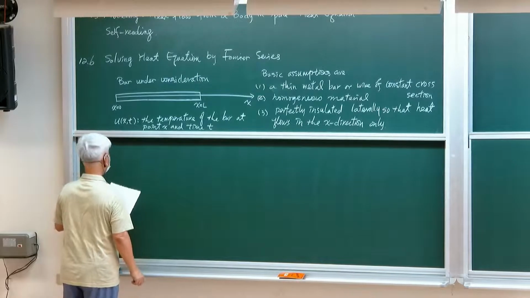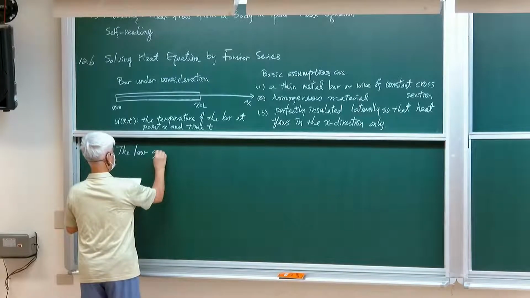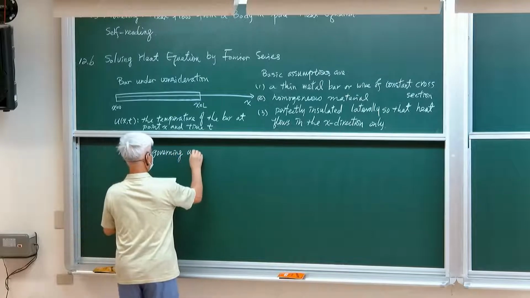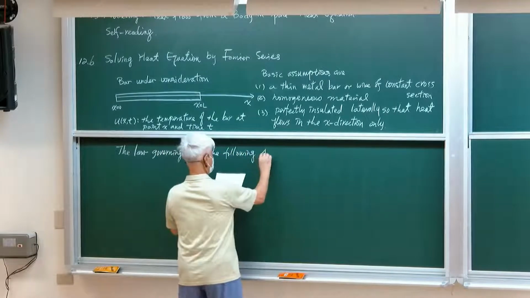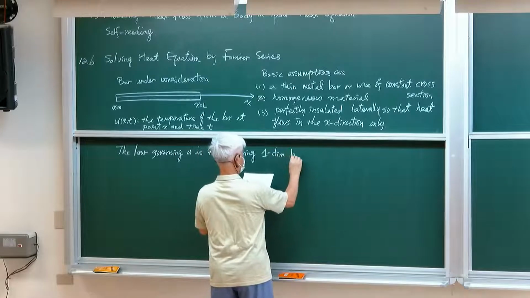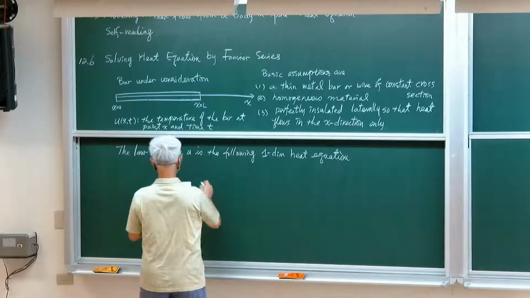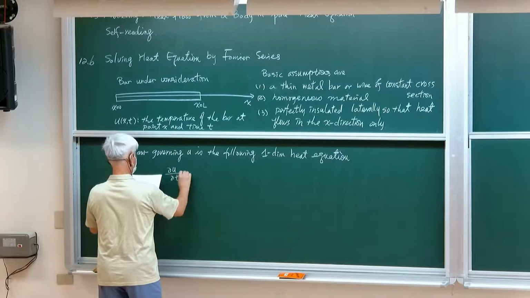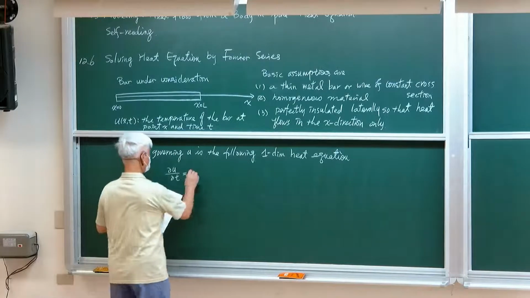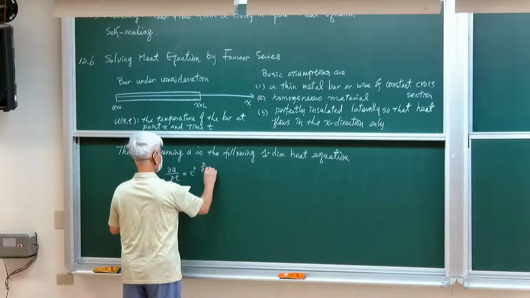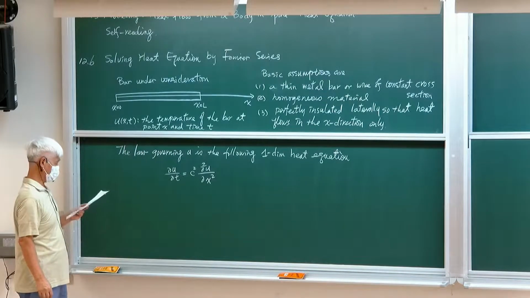The law governing u is the following one-dimensional heat equation: the first partial derivative of u with respect to time is equal to c squared times the second partial derivative of u with respect to the spatial variable x.